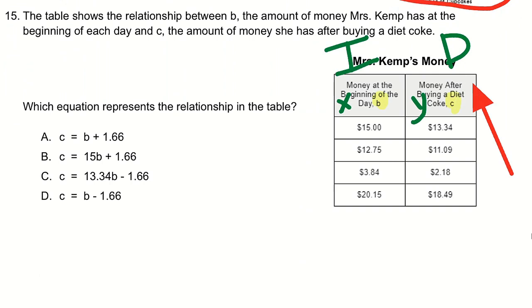Okay, well, let's look at what's happening from our X to our Y. We are getting smaller. Mr. Kemp is wondering what we're doing. We're getting smaller, so I know we're not adding. I'm looking at choice A. If we're getting smaller, we're not adding, so I'm going to get rid of choice A. So now I'm looking at choice B, and it looks like they're adding again and multiplying.